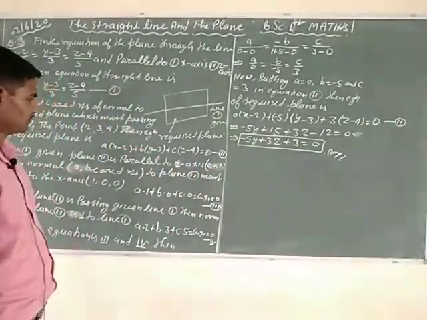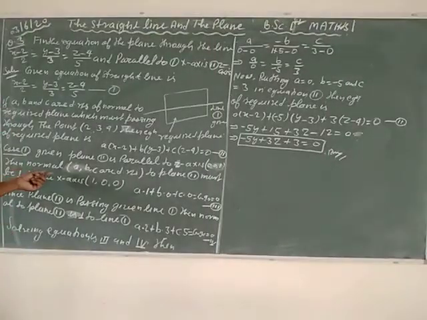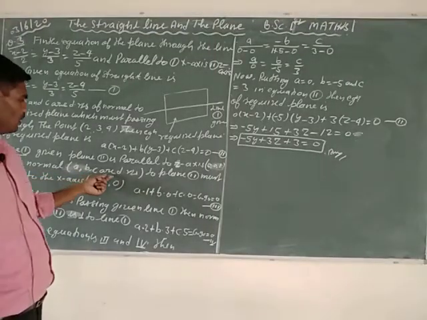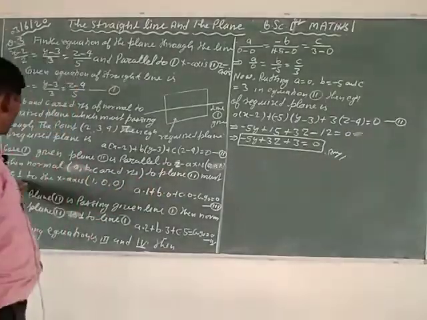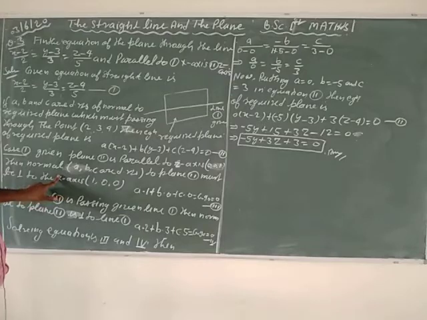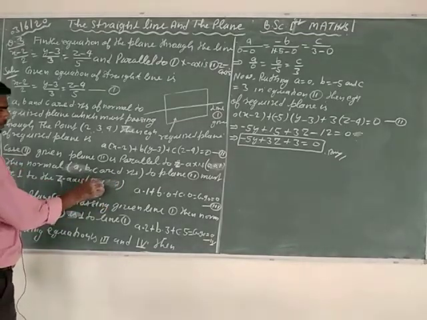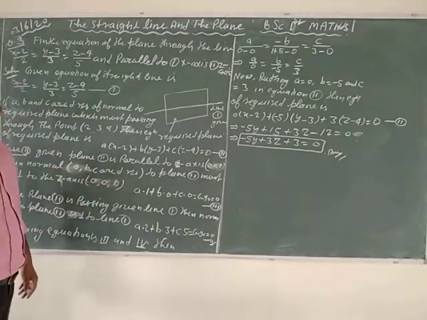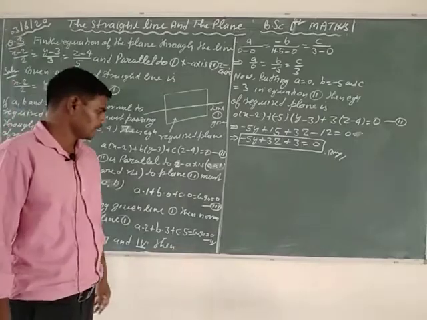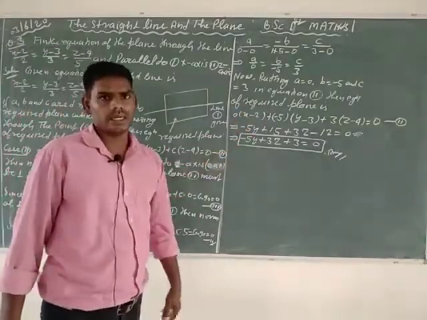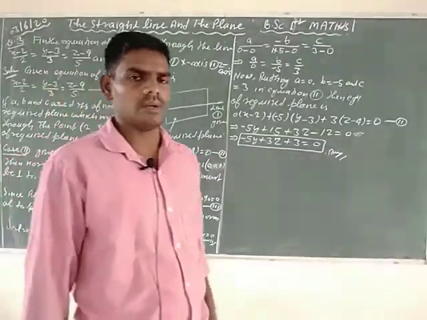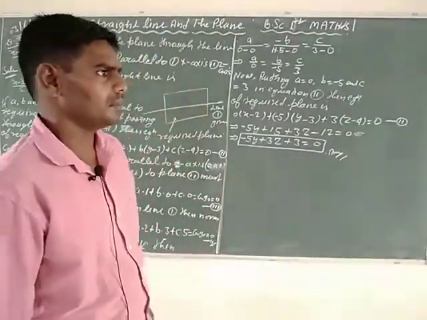Then the normal A, B, C, the direction ratios of plane second, must be perpendicular to the z-axis. Then the same process follows as in the earlier case, and you can calculate the value of the required plane.